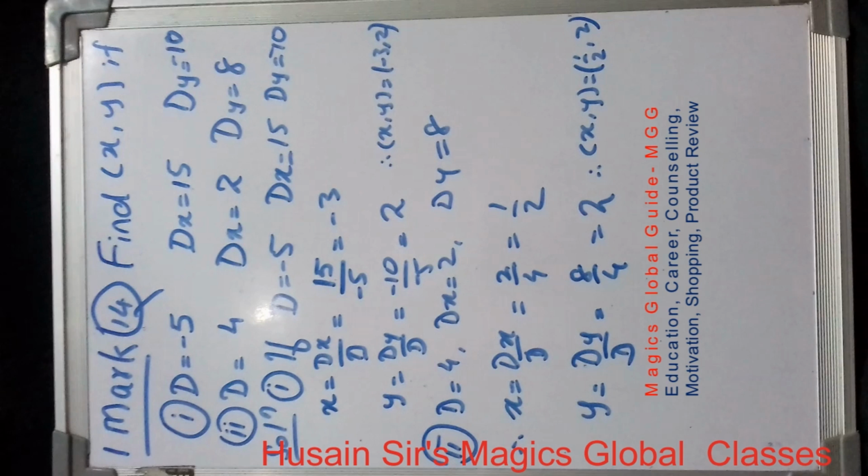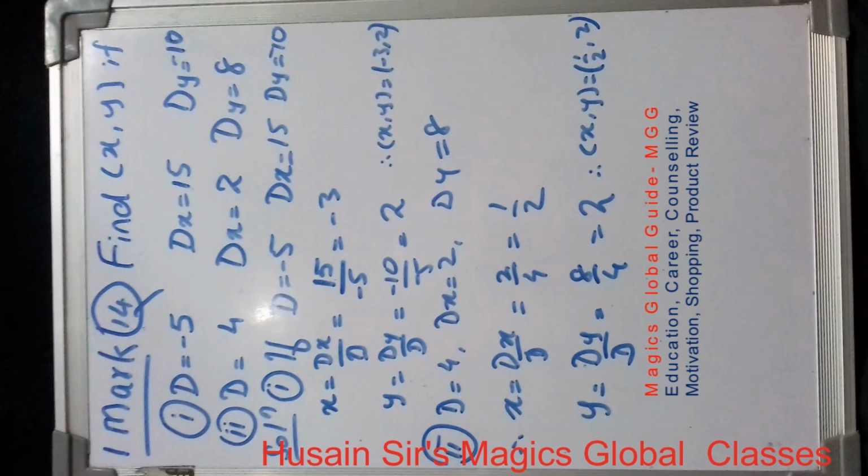In the first case d is equal to minus 5, dx is equal to 15 and dy is equal to minus 10. In the second case d is equal to 4, dx is equal to 2 and dy is equal to 8. So we know very well x is equal to dx upon d, so it is 15 upon minus 5, it is equal to minus 3, and y is equal to dy upon d, that is minus 10 upon minus 5, it is equal to 2. So x comma y will be minus 3 comma 2.